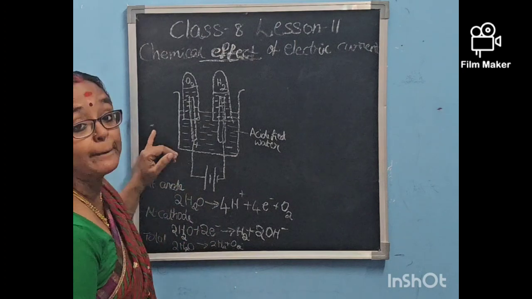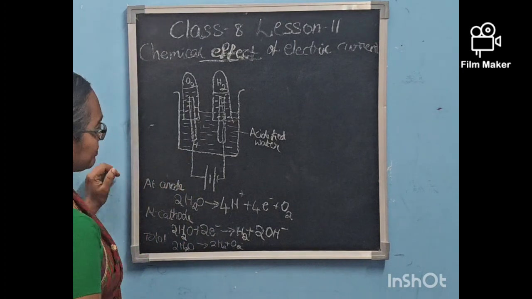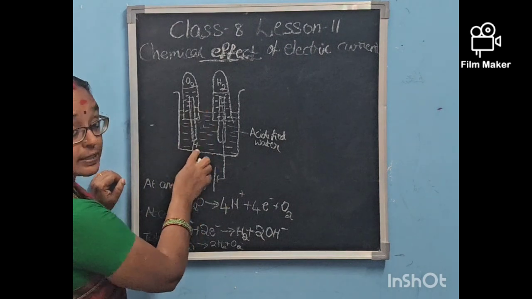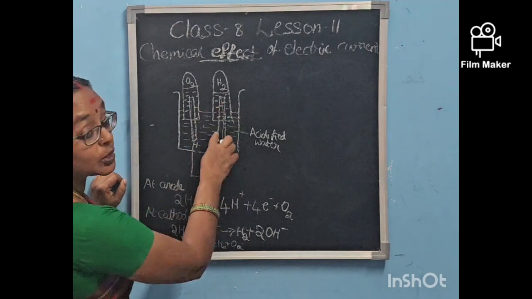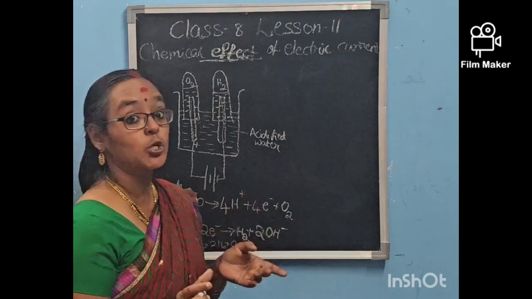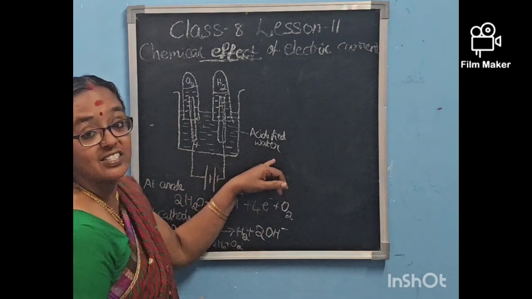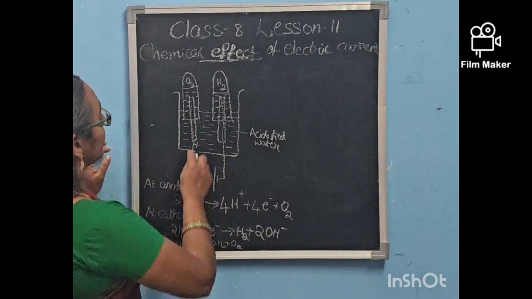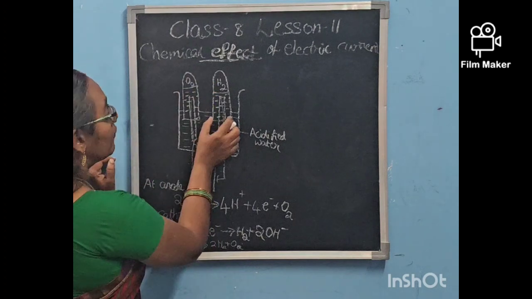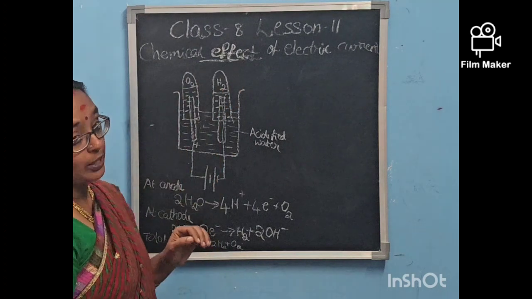This is the apparatus. In this, as the electricity is passed, this electrode is acting as the anode and this electrode is acting as the cathode. So the water which we have to separate should be acidified. So we are taking acidified water. Then a test tube has to be kept above this anode and one test tube has to be kept above this cathode also.